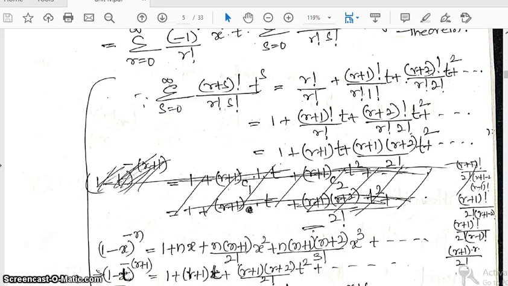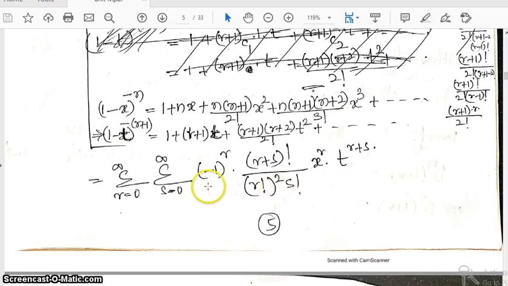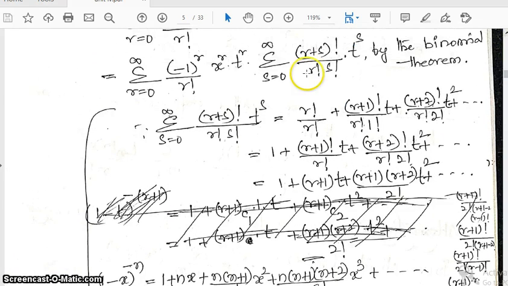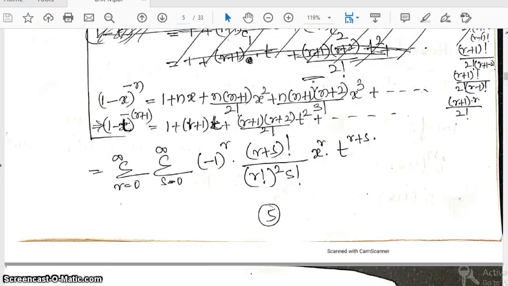So now this is equal to the summation of minus 1 whole to the power of r into r plus s factorial by r factorial into r factorial, so r factorial whole square into s factorial, into x to the power of r into, now this is t to the power of r into t to the power of s. So it is t to the power of r plus s.